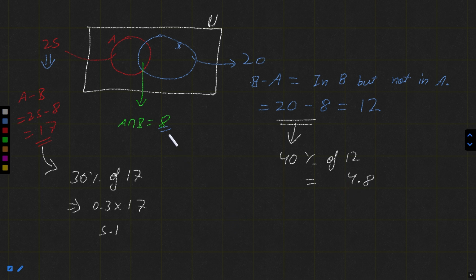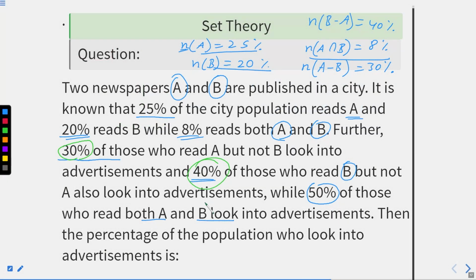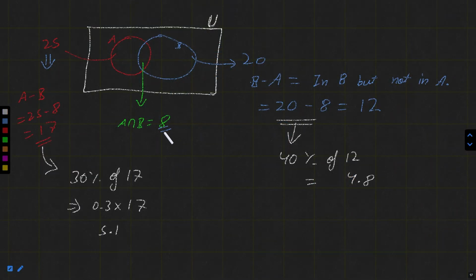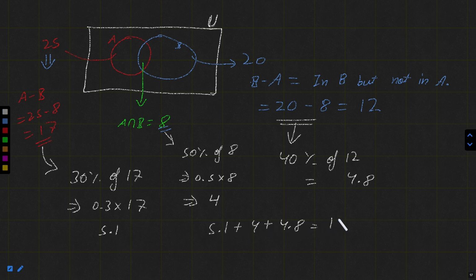The last piece is that 50% of those who read both A and B look at the advertisements. 50% of 8 means 0.5 into 8, which is 4. If we add all of these numbers, we get 13.9 as our answer.